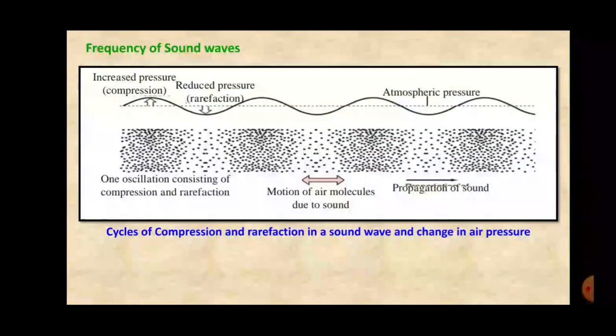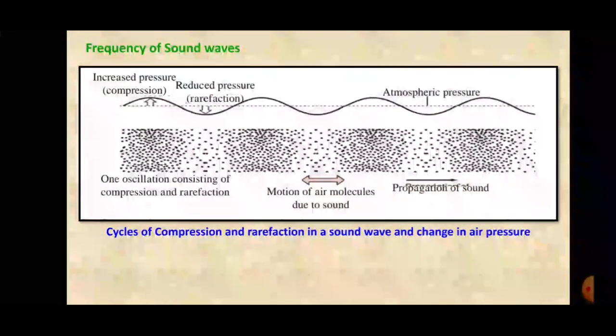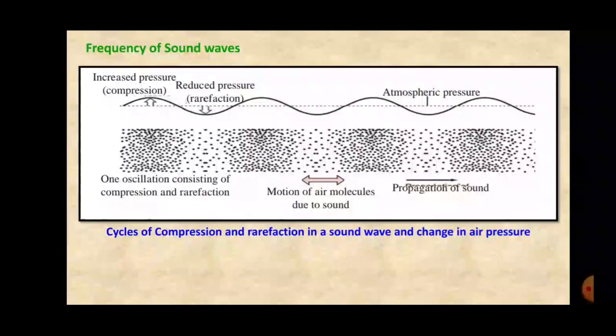So such cycles are formed in the air in 1 second. They will decide the number of times the prongs of the tuning fork are going to vibrate, right? That is the number of vibrations of the tuning fork in 1 second.